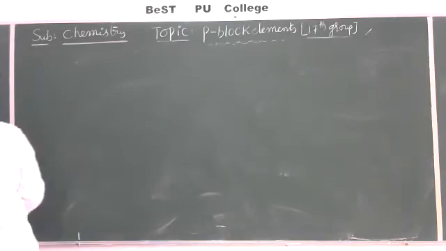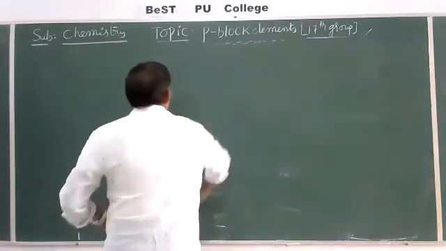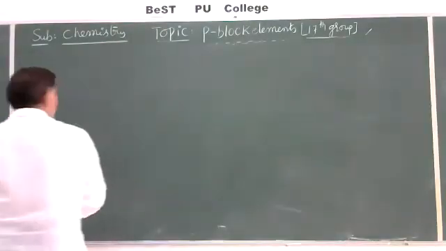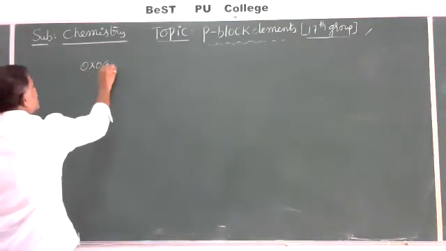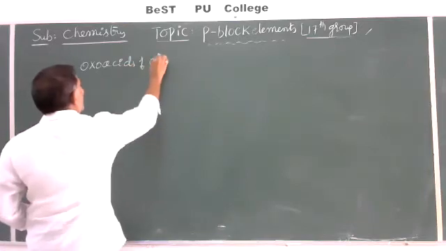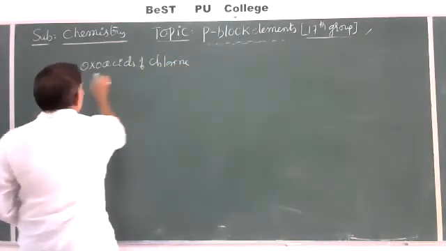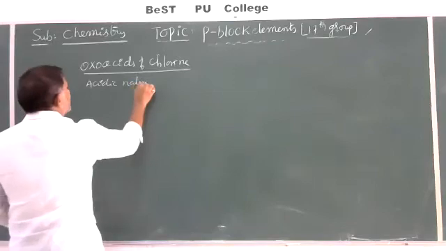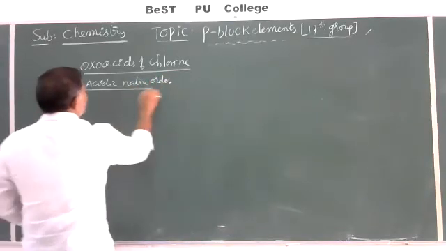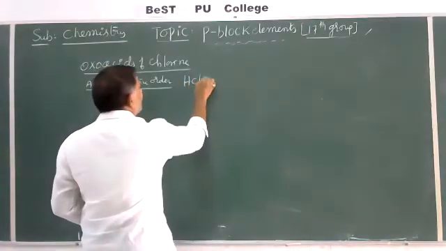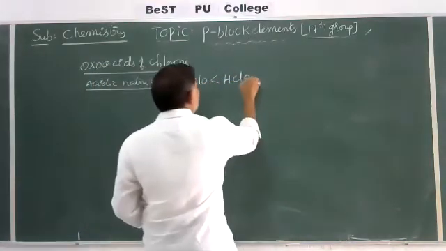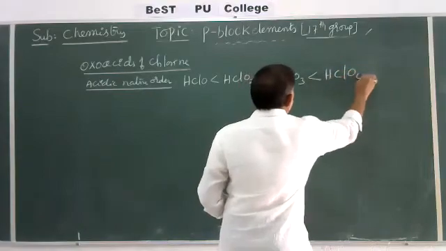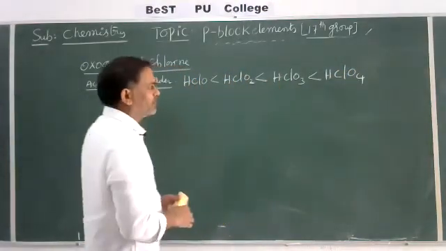So the acidic strength order of the corresponding oxo acids of chlorine, here four are available, is: HClO, HClO2, HClO3, and HClO4, this is perchloric acid, which is more acidic in nature.